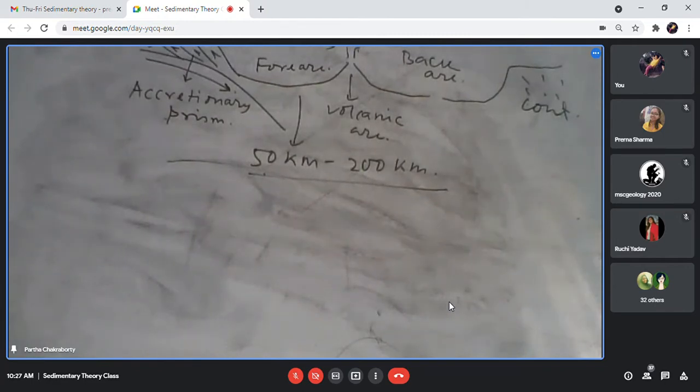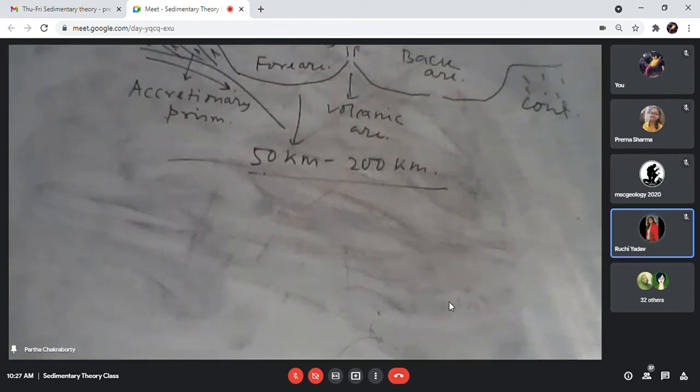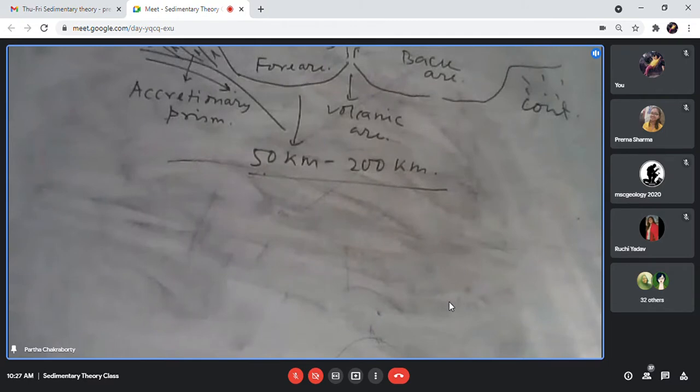Is it clear? Yes, sir. Why such a huge variation in the arc trench gap from different parts? If we go to the Aleutian, the Pacific, the Atlantic margin, why this huge difference in the arc trench gap?